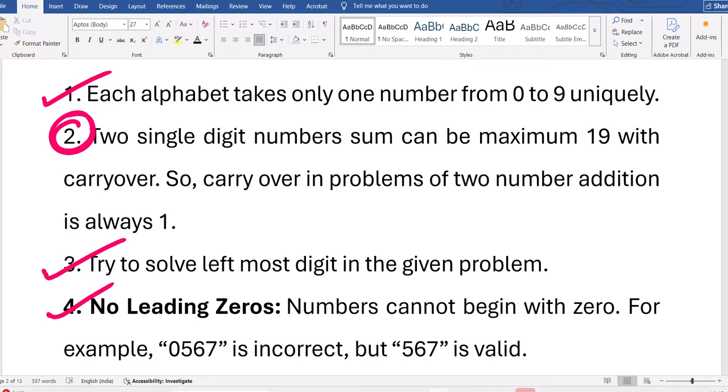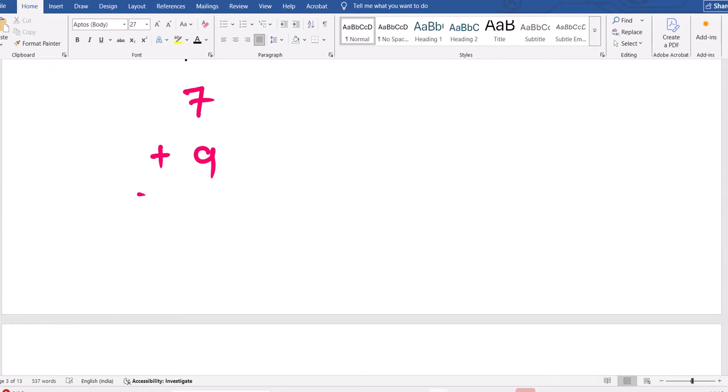While solving the questions, when you are adding two different digits, the maximum carry is 1. Sometimes 0 also: 1 plus 4 is 5, there is no carry; 3 plus 5 is 8, no carry. Carry can be 0, but the maximum carry will be 1. Again, I'm mentioning this before going for the questions. If you are adding two different digits, the maximum carry is 1.